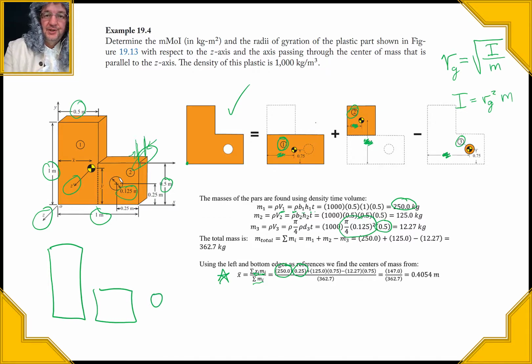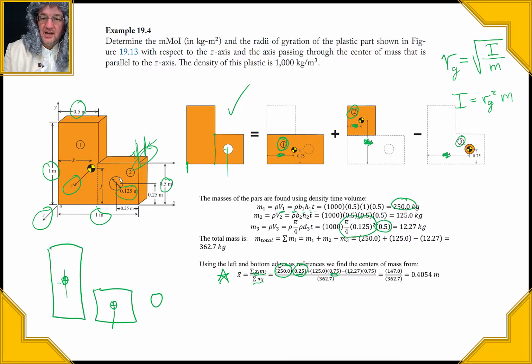Okay, so this diagram up above is not what I actually did. What I did was I took this distance right here and this distance right here, okay? So this is the 0.25, that's going to be that distance right here. And then this is going to be the 0.75, from that to right there.